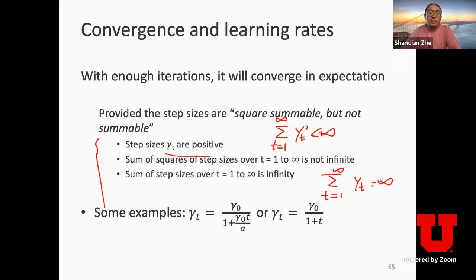The first requirement, that the summation of the square of gamma t must be bounded, just means that your learning rate cannot be too large. Like this is the value of your objective function, right?